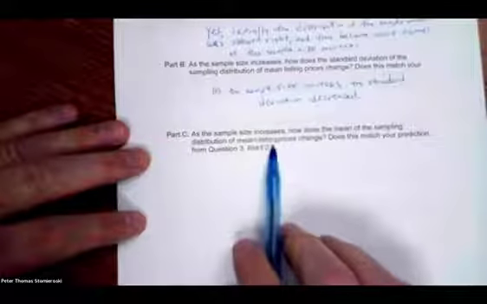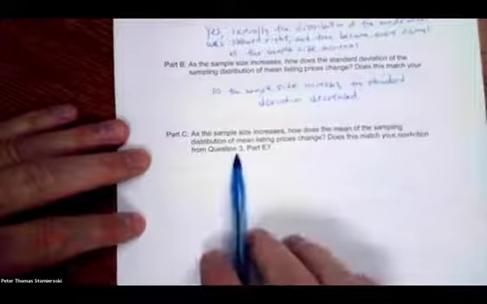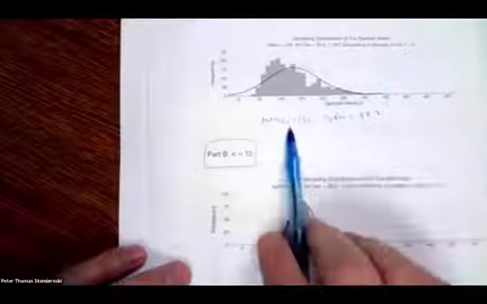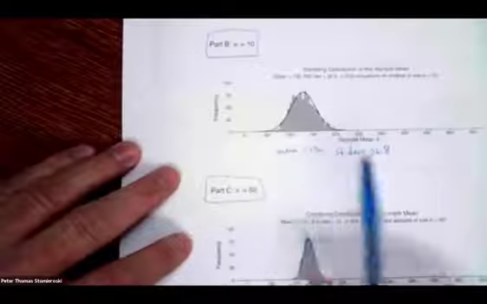As the sample size increases, how does the mean of the sampling distribution of the mean listing prices change? Does this match your prediction from question 3, part E? You can see that when the sample size was 2, the mean was 128. When the sample size was 10, the mean was 130.